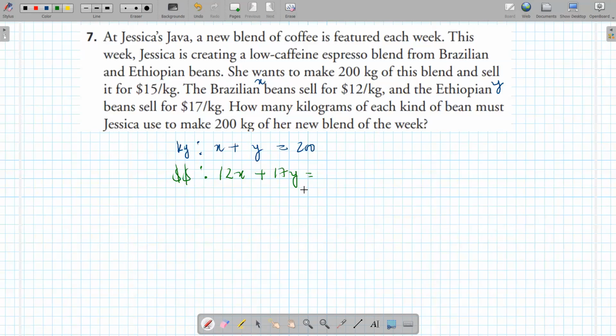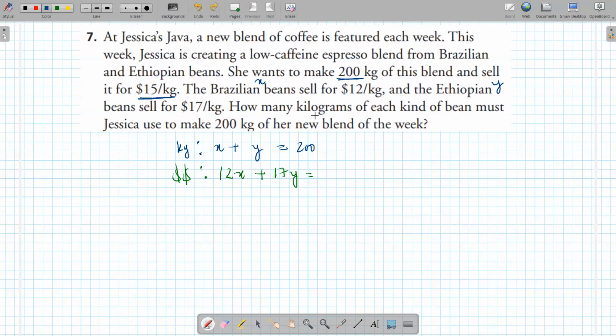It's tricky. It's 3,000, okay? How do I know that? It's because she's selling 200 kilograms at $15 per kilogram. So this is the money made from one bean. This is the money made from the other bean. That has to add up to 15 times 200.